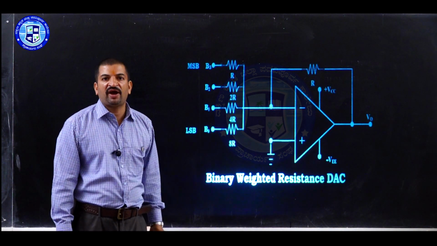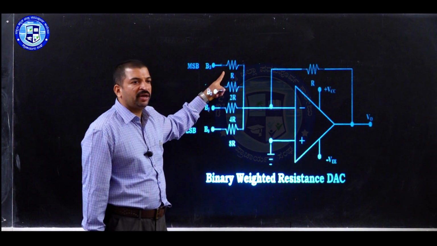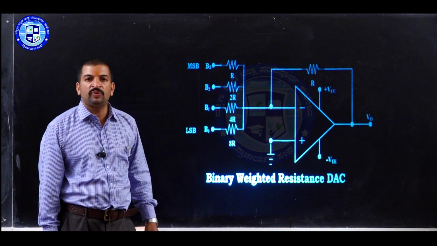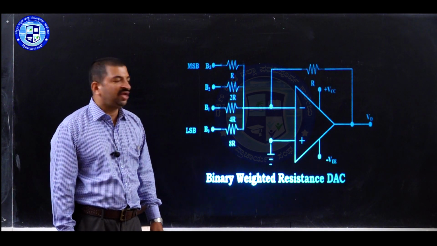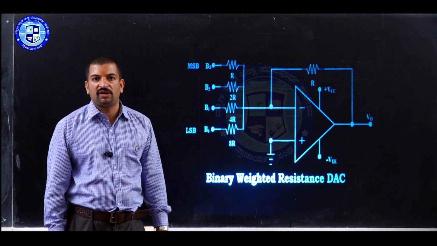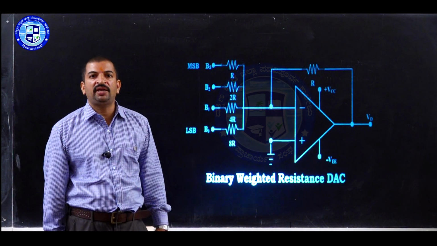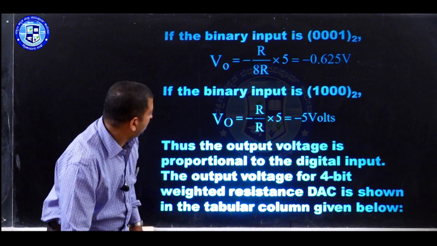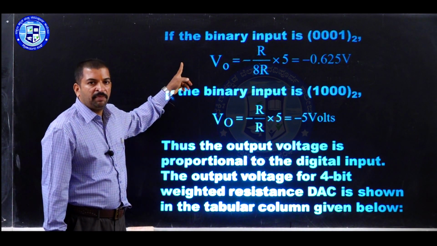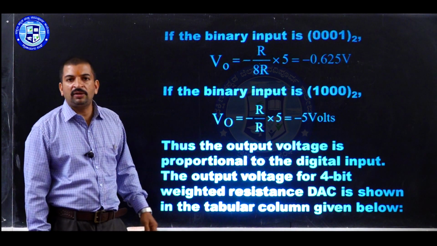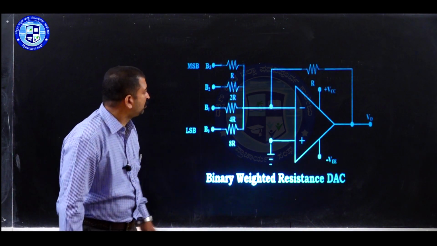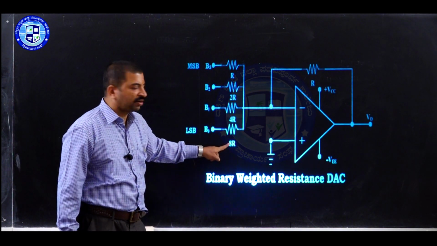Input voltage is always 5 volt. So output voltage becomes minus R by R into Vin, that is equal to minus 5 volt. Therefore, we can say that when the input combination is 1 0 0 0, then the output voltage is equal to minus 5 volt. Now let us consider the binary input 0 0 0 1 to the base 2, then VO is equal to minus R divided by 8R.